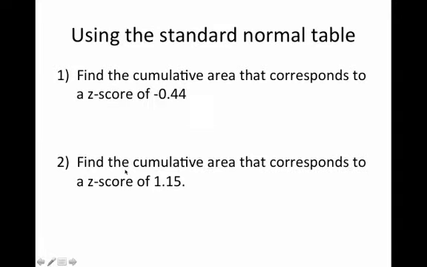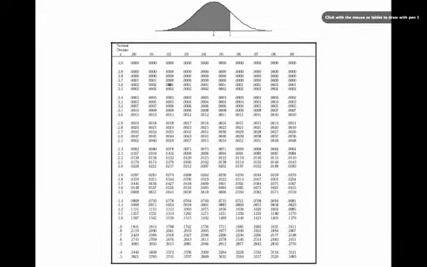So let's use the table to find the area under the curve. If I want to find the area that corresponds to a z-score of negative 0.44, what I do is I go over to my table. I find negative 0.4 and 0.04, and where those intersect right here is my area under the curve.